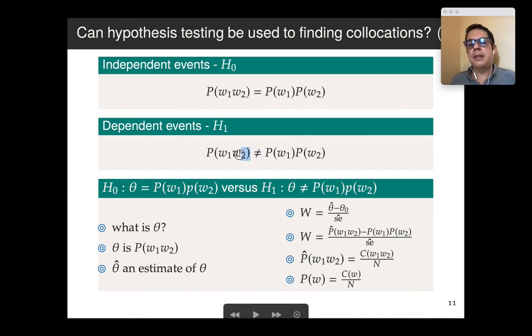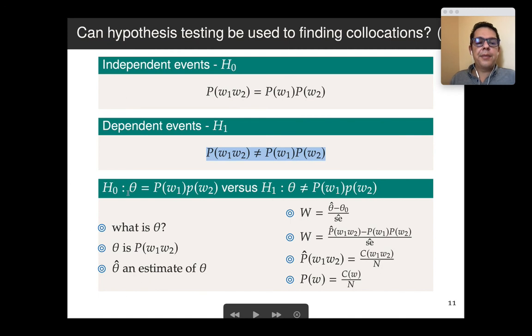The probability of seeing two words together cannot be computed using the product of their individual probabilities. So we have just found the H1 hypothesis, or the alternative hypothesis, which is only the definition that they are dependent words.